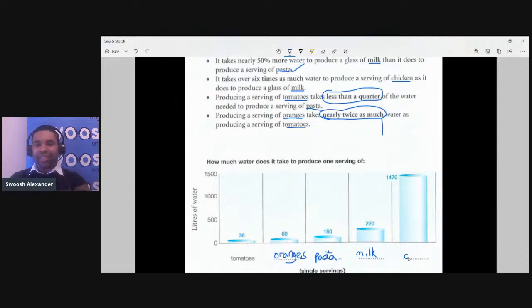We can see clearly that the value 1,470 is significantly more than 220, and so this would be chicken in our final value here. So this is what we should have got for the task.